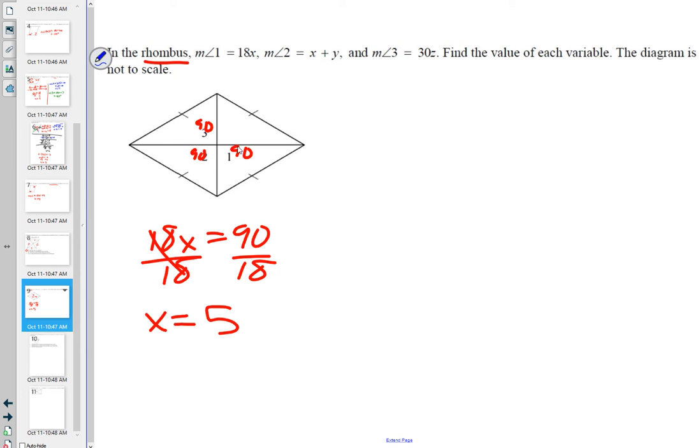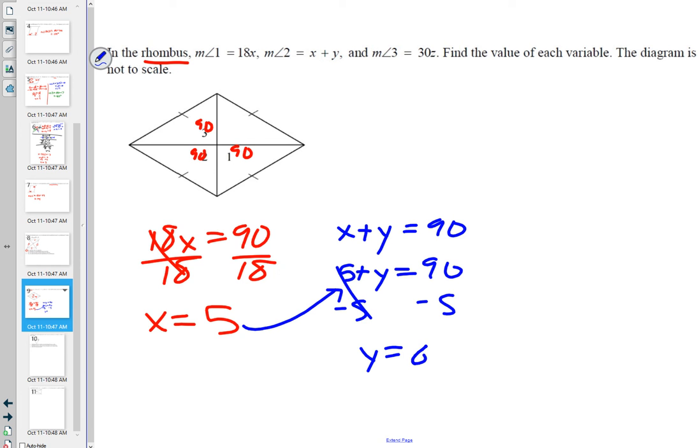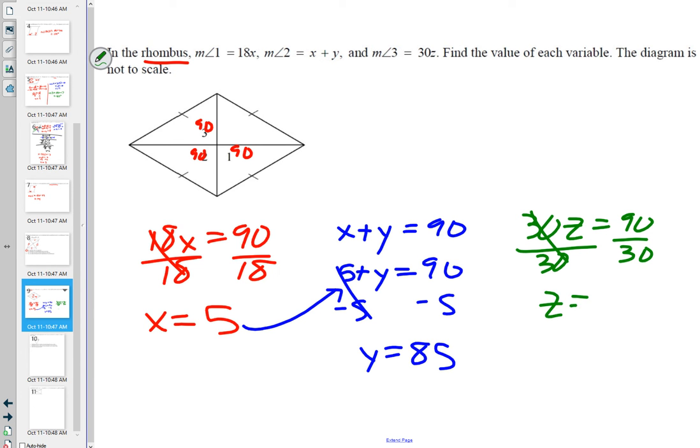The measure of angle 2 is x plus y, which is 90, but we already know that x is 5. So it would be 5 plus y is 90. I just get this x and plug it into here. So minus 5, minus 5, y is 85. 30z is equal to 90, divided by 30. And as Alfred said, it's because the diagonals of a rhombus are perpendicular.